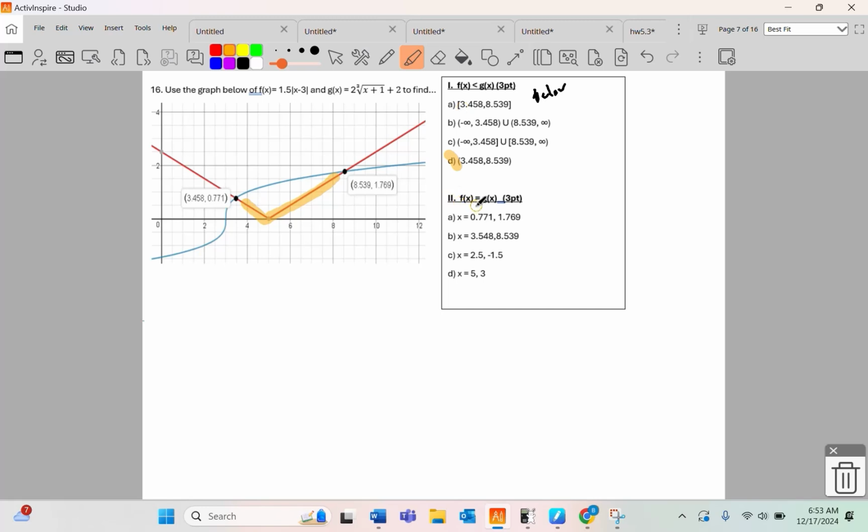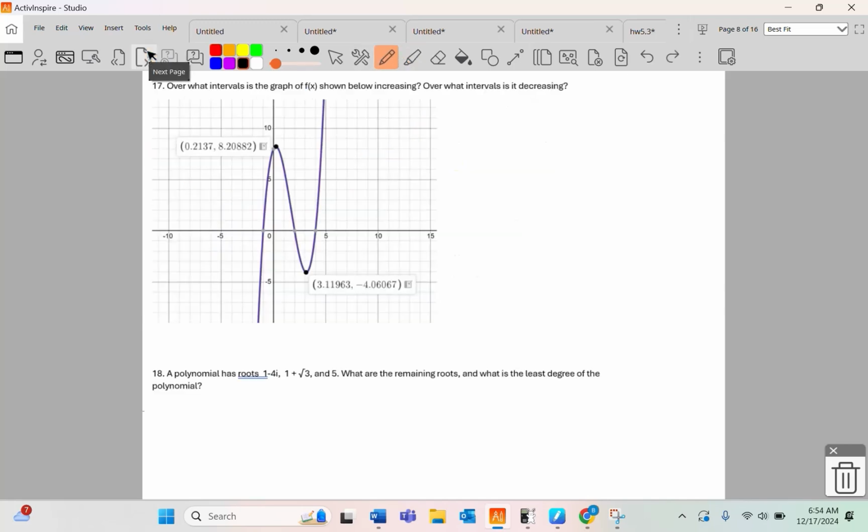Number 2 says, where are they equal? Well, they are equal there and there. So, choice B. Easy problem. 17, over what intervals is the graph of x shown below increasing? Over what intervals is it decreasing? I'm going to type this for y'all's sake. But we are increasing from here to here and from here to here.